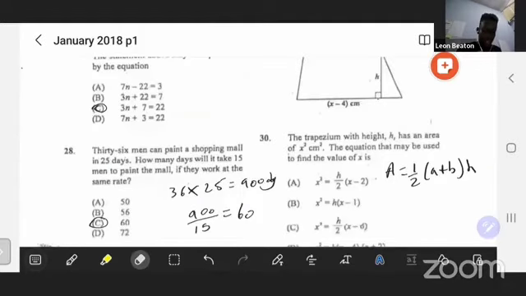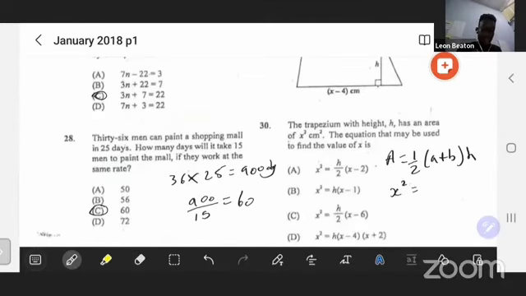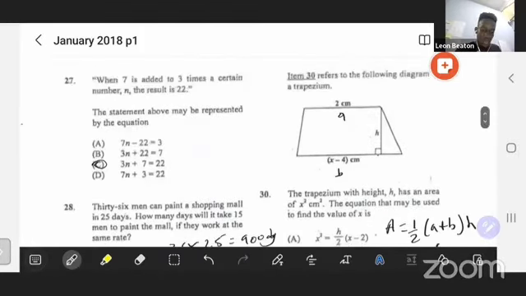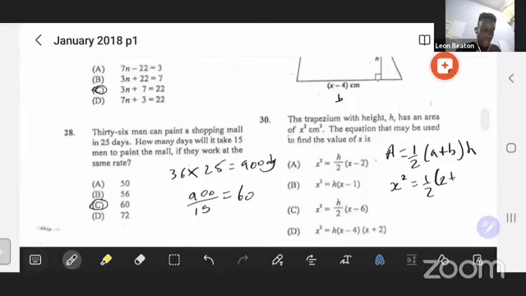x squared is equal to half, and they give us A. So let's call the top A and the bottom B. They give us A as 2. This will be 2 plus B, which is x minus 4, times the height, which is h.